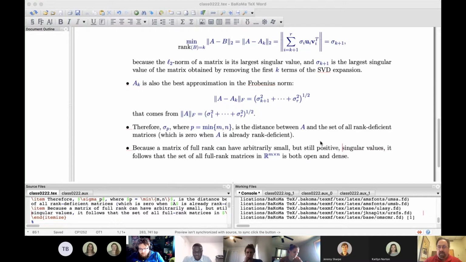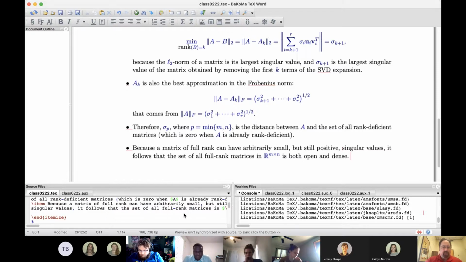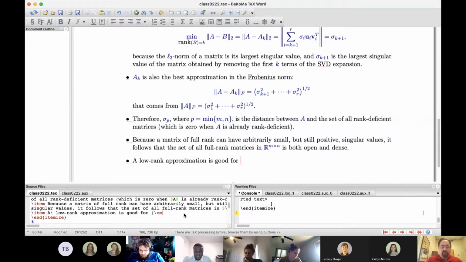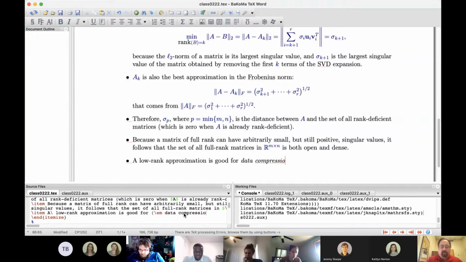Now, I want to point out, what do we get from a low rank approximation? How does that help us? Data compression.